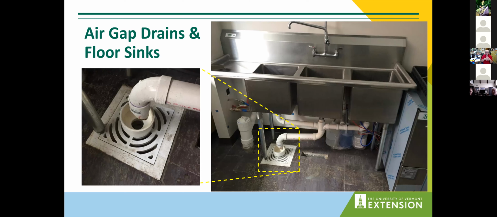So if there is backup, it's going to overflow onto the floor and back down into the drain. It's not going to be pushed up into those sinks. That would be a concern for anyone who's doing any type of washing of produce. It also could be a concern if you're filling a tank or something to clean, or using these to have water so you can clean your packing line.